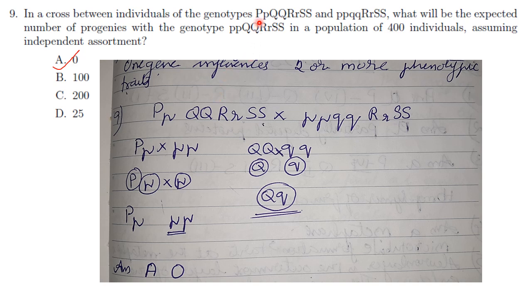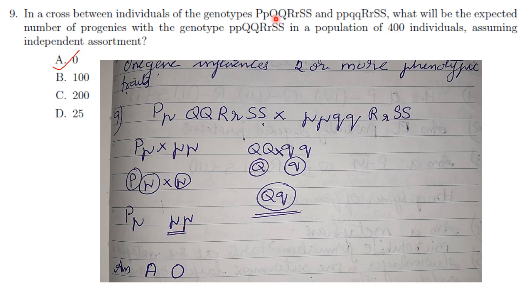So when you cross capital P, small p with small p, small p, what do you get? These are the gametes obtained, and you get capital P, small p and small p, small p. But in the progeny genotype, it is both small p, small p. So we can take that into consideration.